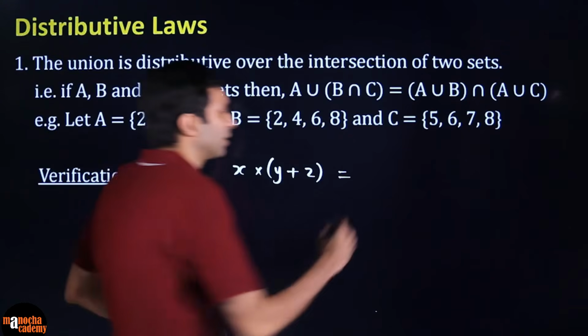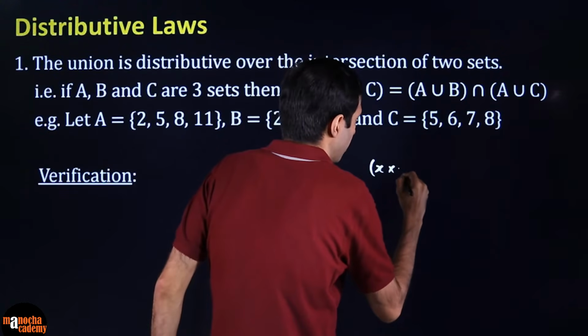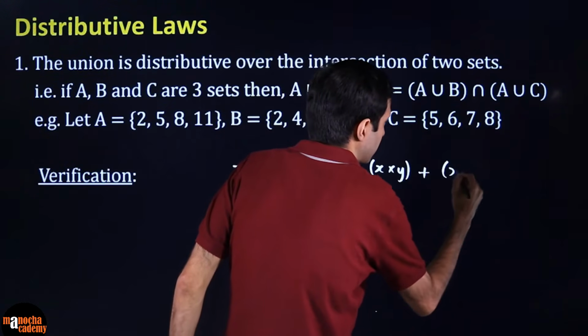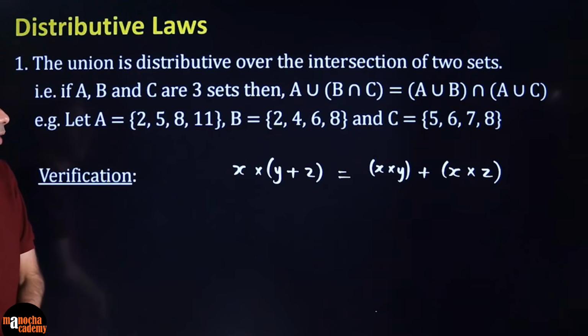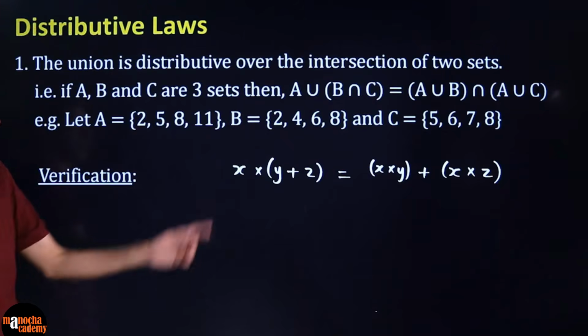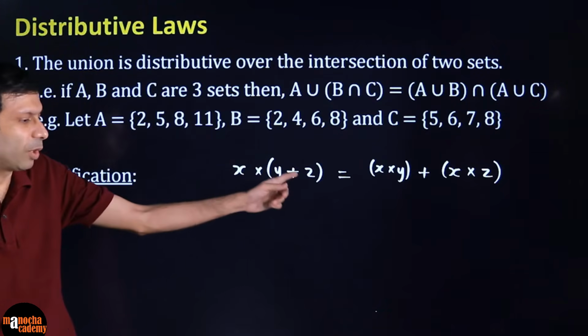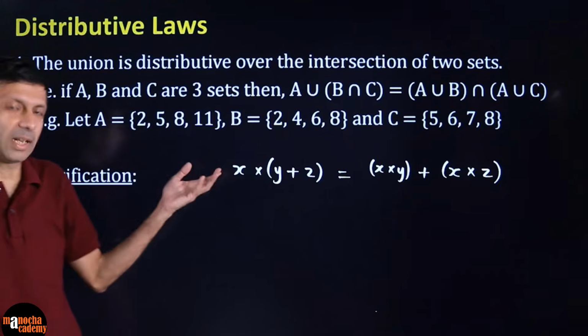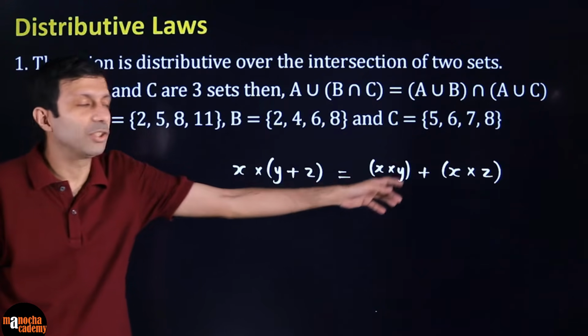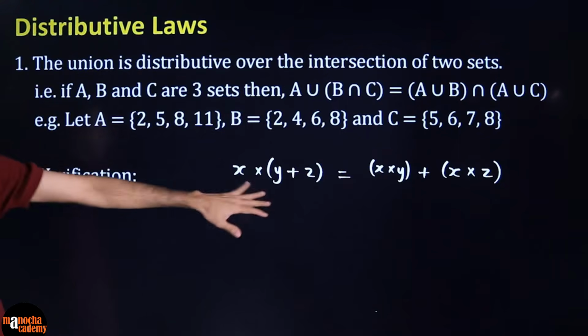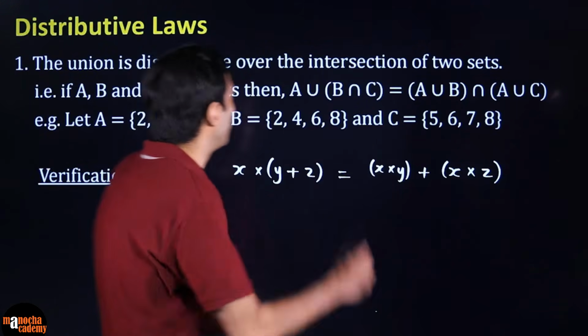Can I do this as x multiplied by y plus x multiplied by z? Do you guys agree? So we can say multiplication is distributive over addition, just like we have done in algebra. Multiplication is distributive over addition. Same thing over here. Of course, we are not going to write multiplication and addition.